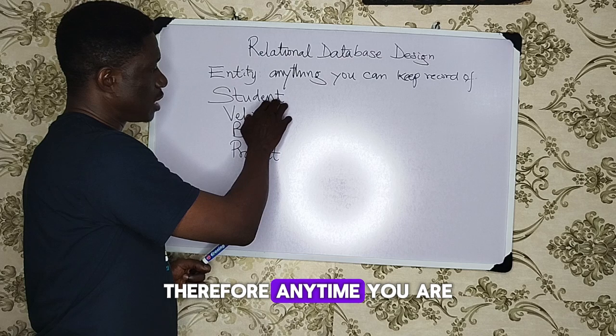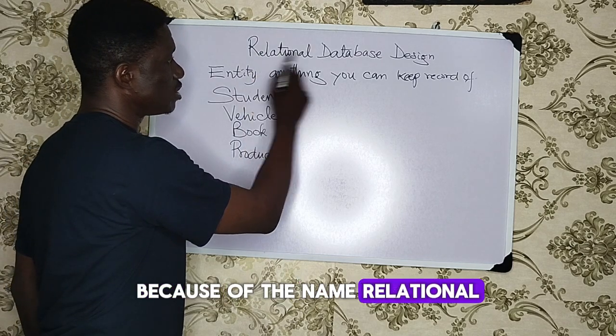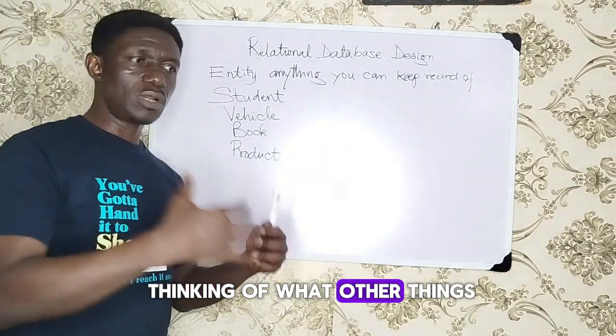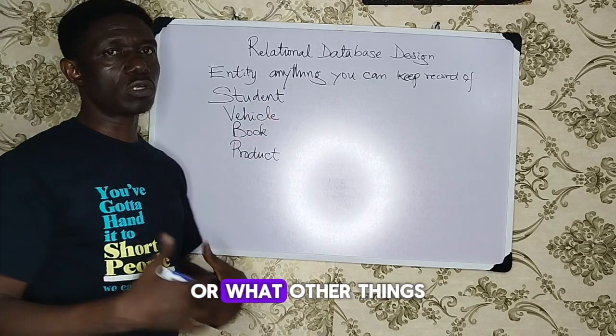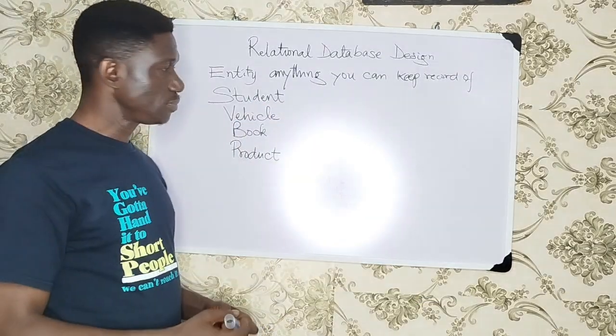Therefore, anytime you are picking any entity, because of the name relational, you have to be thinking of what other things will be interacting with this, or what other things will this be dependent on.